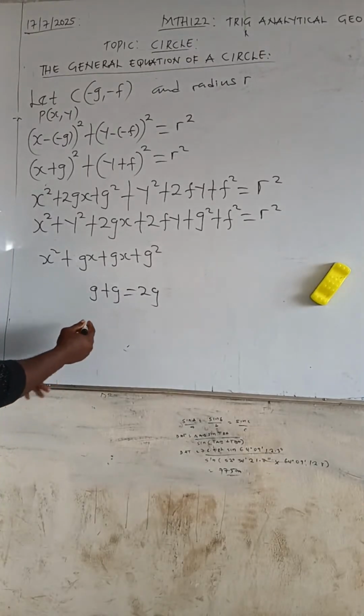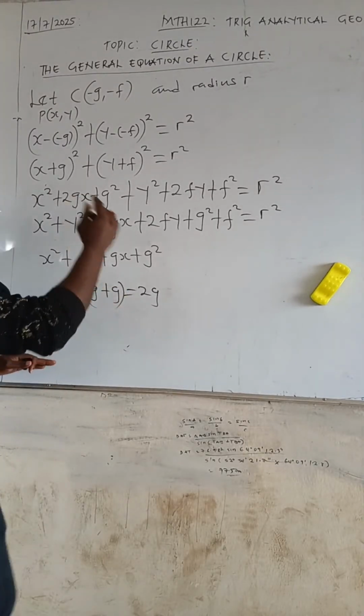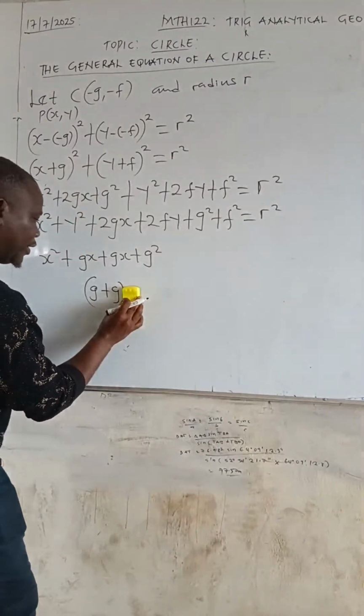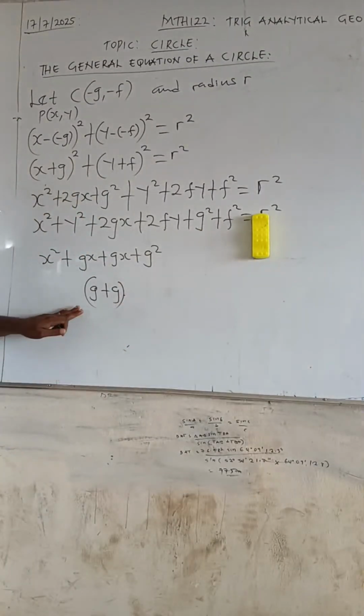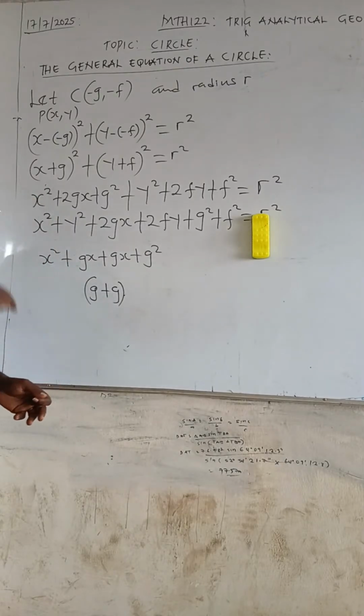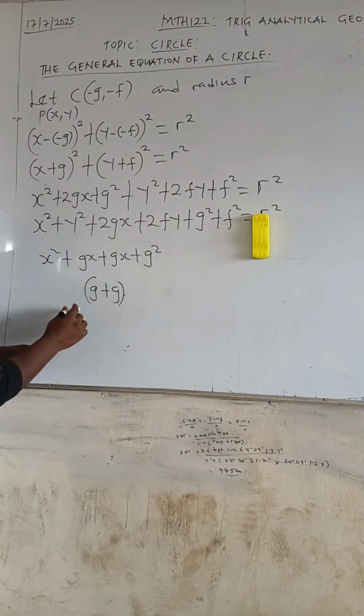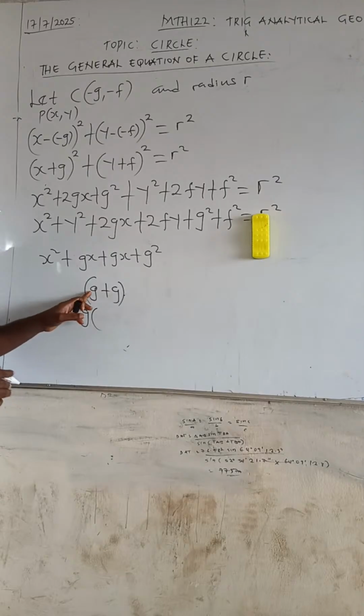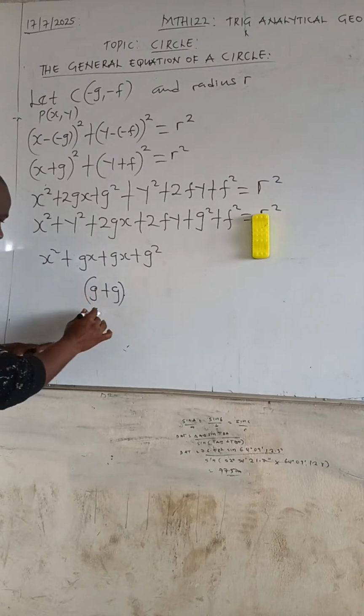Amen? Okay. Put it inside a bracket first, since they are the same thing. What is common inside this bracket? G. So it means we can factor it out. True or false? If we factor G out, something will be here, which is what? 1.